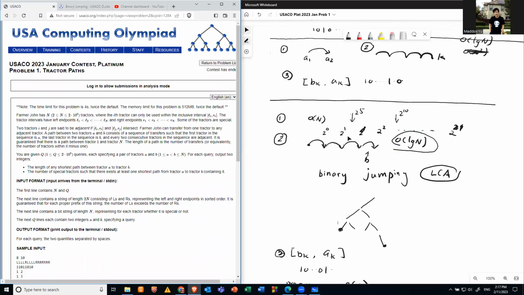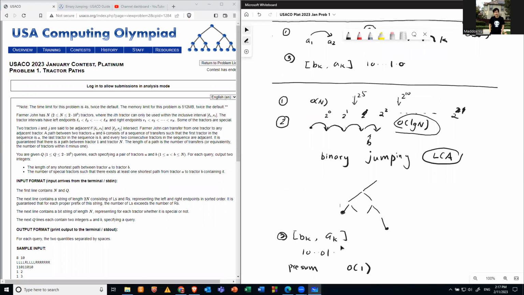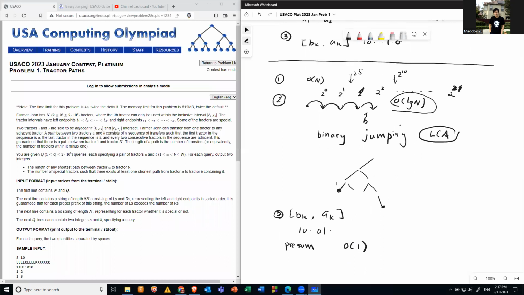You of course have to pre-calculate all those powers of 2. Then once you have that, the search is log n. Then to calculate how many special trackers is O of 1. So in total, you have O of n log n. Pretty straightforward.